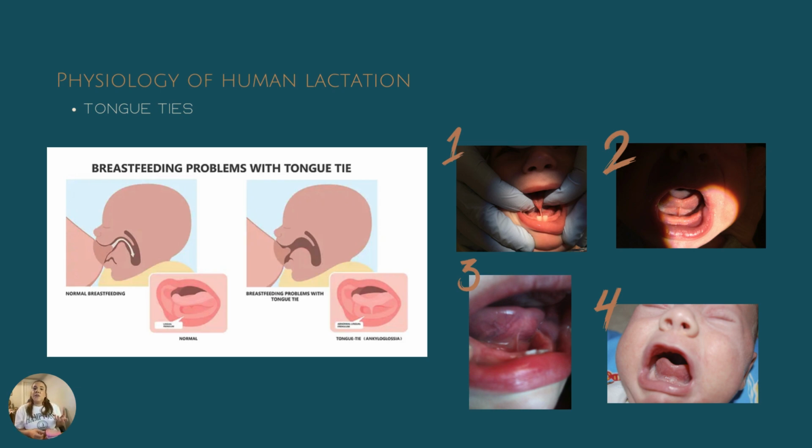Again, with the analogy of the bungee cord, when that membrane is holding this muscle down and the baby is trying to extend the tongue, curve or fold the tongue to grab onto the nipple, or the breast tissue or the areola, and bring it back and forth, that bungee cord is constantly pulling this tongue down, and that's very tiring.